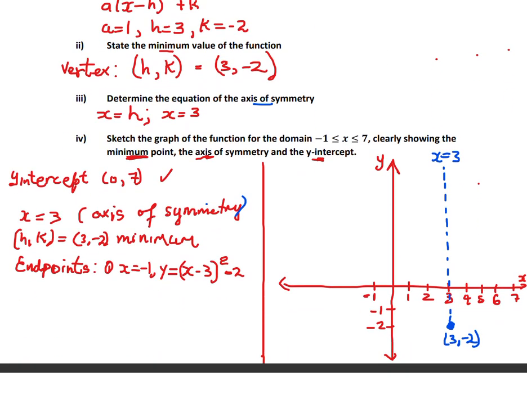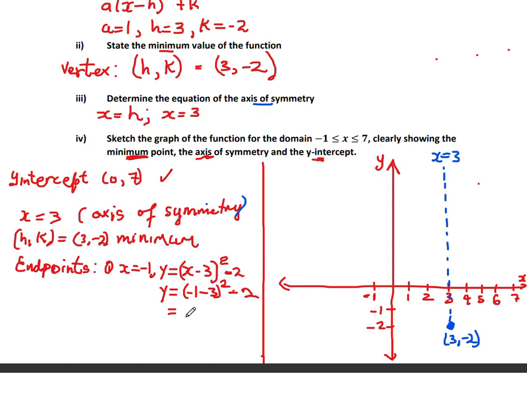So now I'm going to substitute the value of x here, and I get -1 minus 3 all squared, take away 2. Now -1 minus 3 is -4.